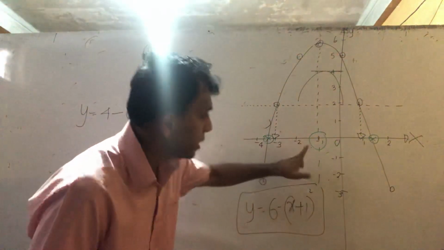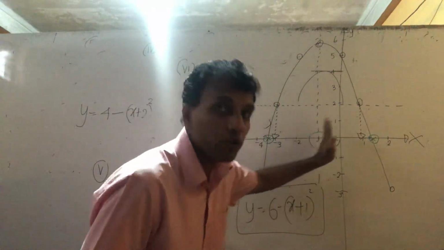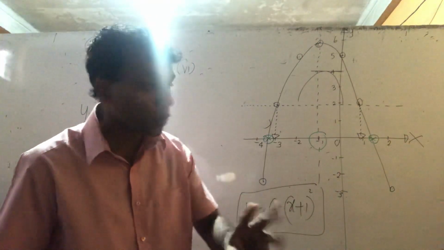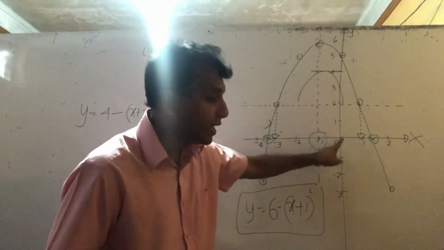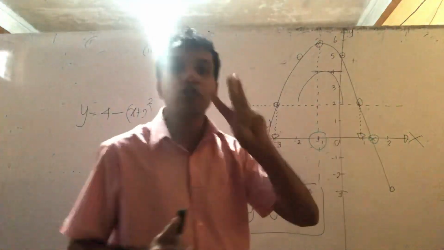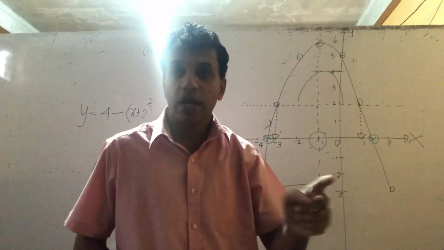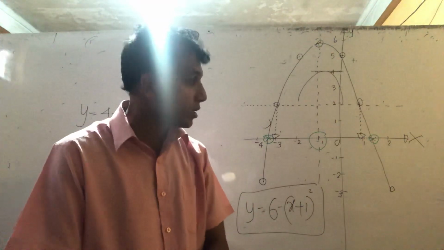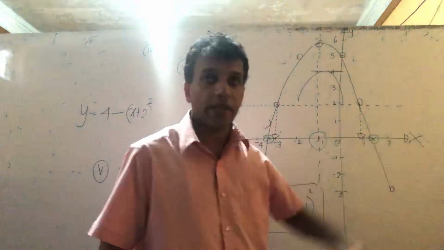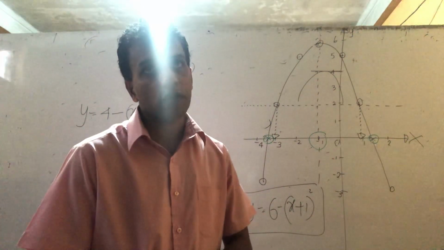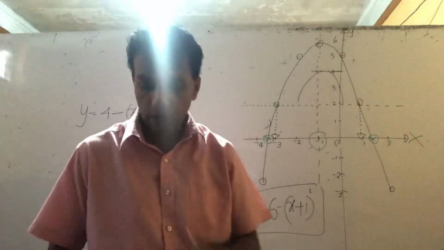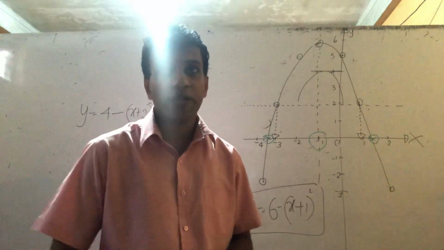Here -1, a little bit more to the positive side, how many units? 3 units. So -1, 0 is 1 unit, 1 is 2 units, 2 is 3 units. So for the new graph, x equal -2 is the symmetric equation. Here 1, 2, 3: x equal 2 is the symmetric equation. No change in the height; the y level is the same. This is an important part. You can answer any type of question like this.